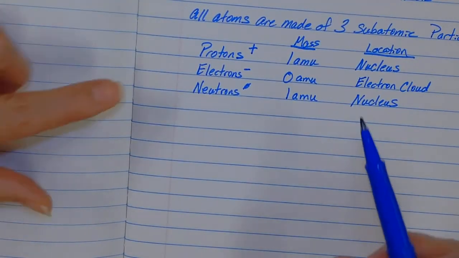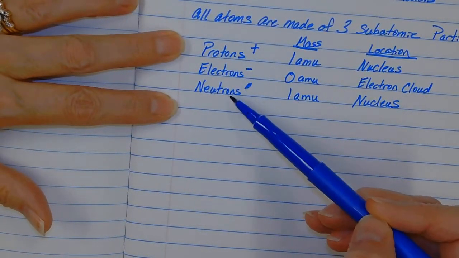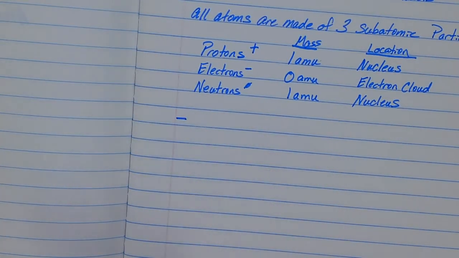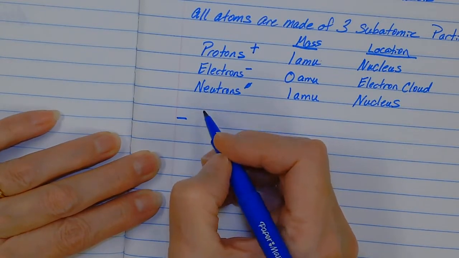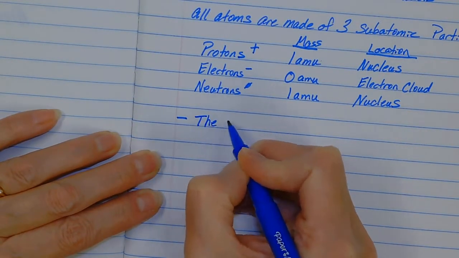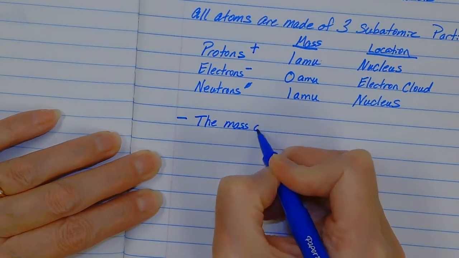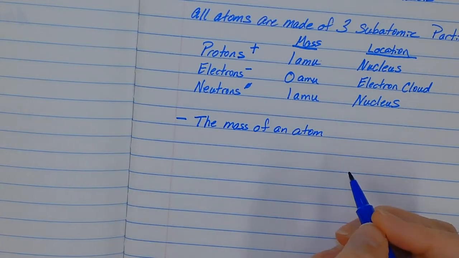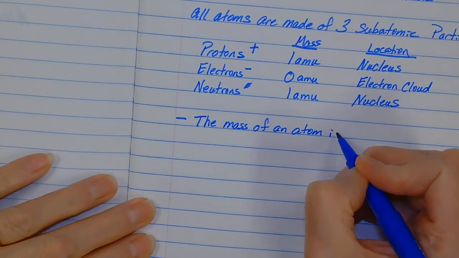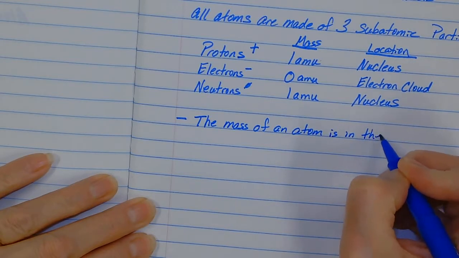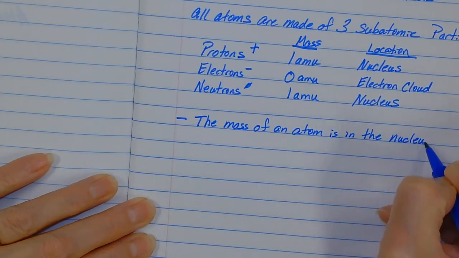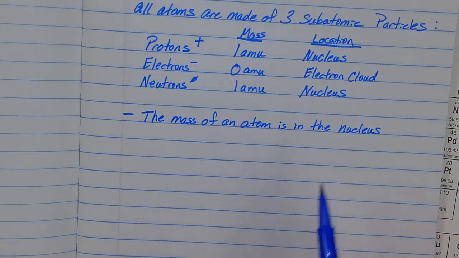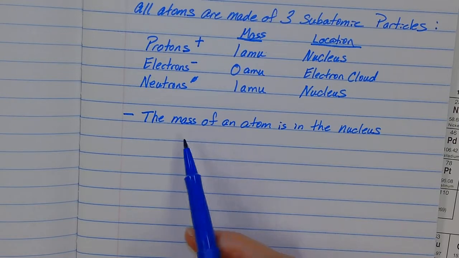Okay, so because our protons and our neutrons both have a mass of 1 AMU, when you're talking about the properties of an atom, the mass of an atom is in the nucleus.